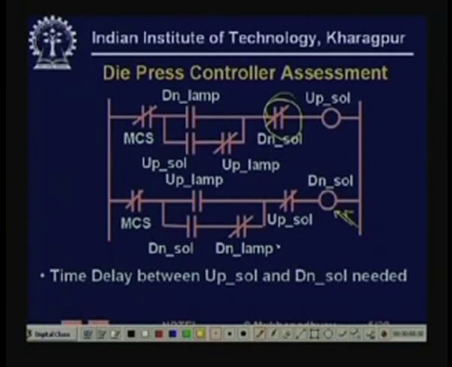So the die platform is coming down. When it comes down, it eventually makes the down limit switch, and the down lamp will go on. So this goes to 1.